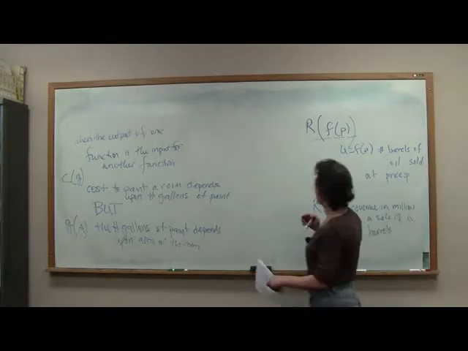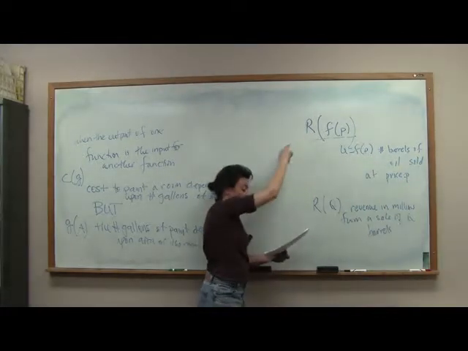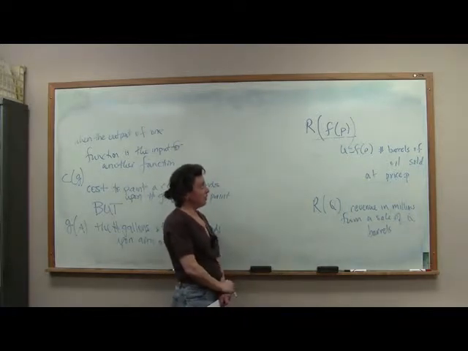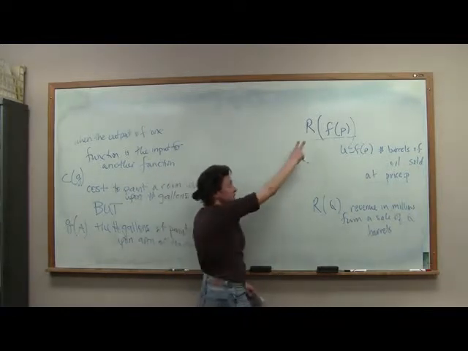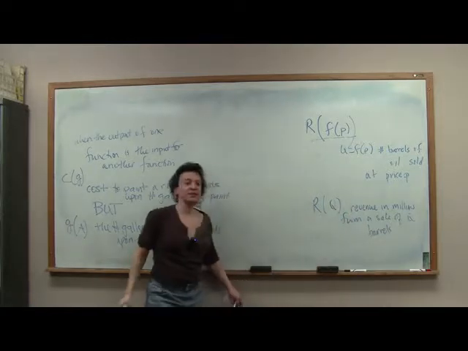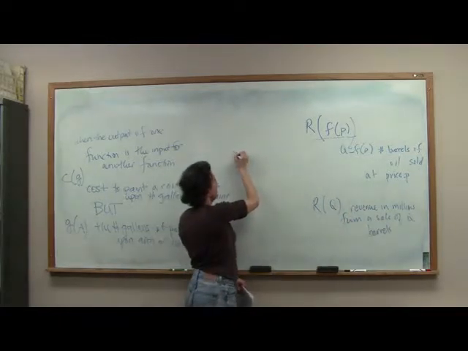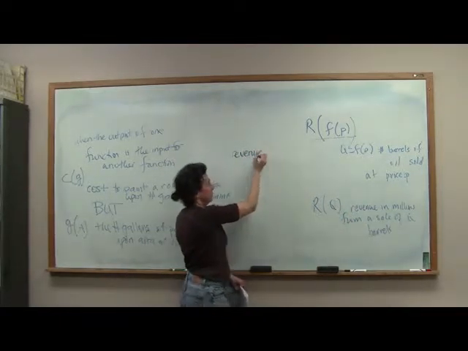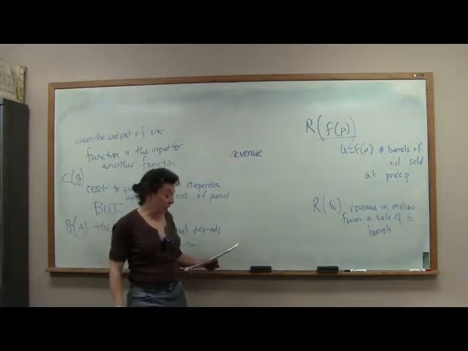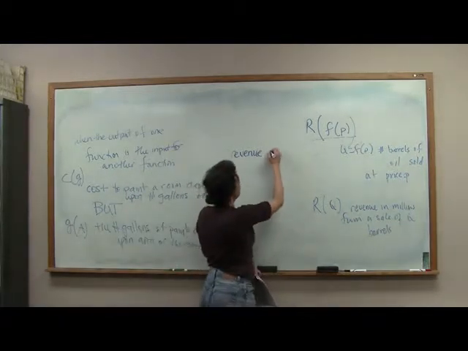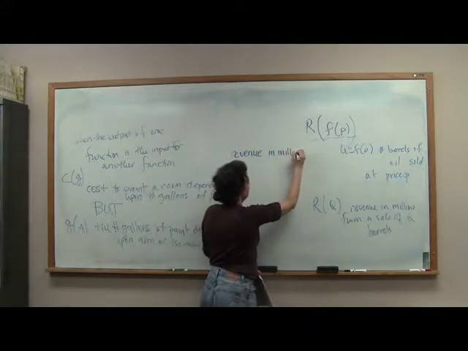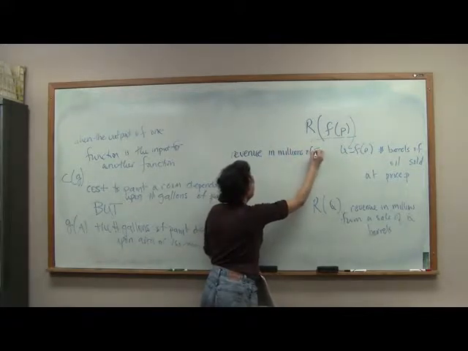So the way that I would write this in words is I would always start with my outer function, this R, what those units are. That R is the revenue. Well, what is it the revenue of? I will say in millions of dollars.